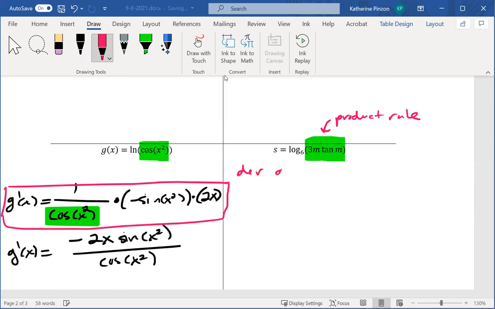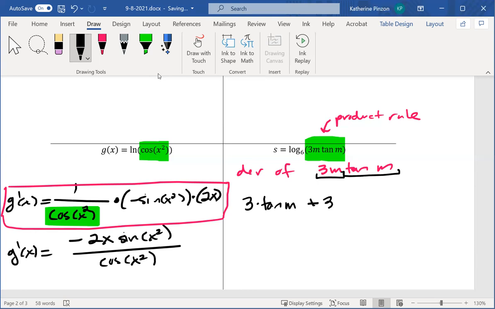So derivative of 3m tangent m. Okay, so when I take the derivative of 3m tangent m, my first function is 3m. My second function is tangent of m. So the derivative of this guy is going to be, product rule says, derivative of the first, 3, times the second, tangent m, plus first, 3m, times the derivative of the second.